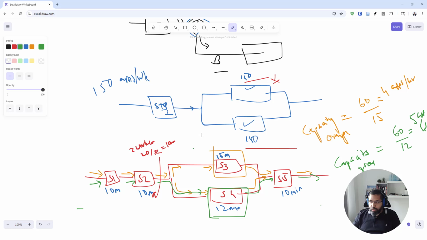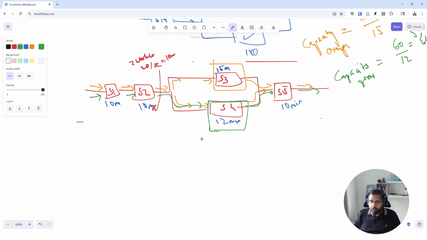And so now we have a tricky situation. If we only get applications like the orange applications, we'll be working at 4 units per hour. That's the capacity of the whole process. And if we only get the green applications, we'll be working at 5 units per hour, or 5 applications per hour.